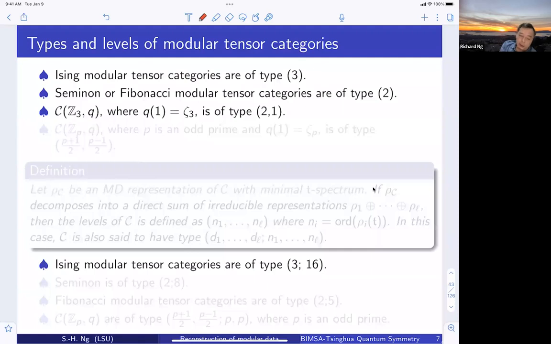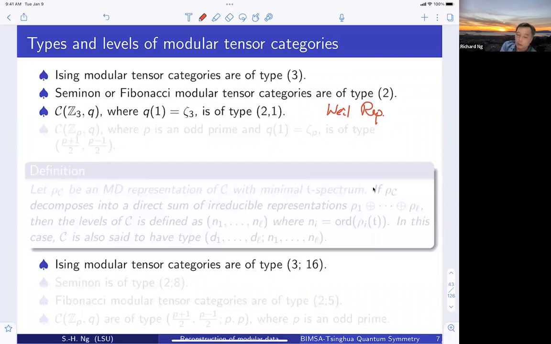But if you look at the quadratic form modular tensor categories, the underlying representation of SL2(Z) is just the Weil representation. If you take a pointed modular tensor category, or Abelian anyon, and try to decompose it, then you get type 2-1.